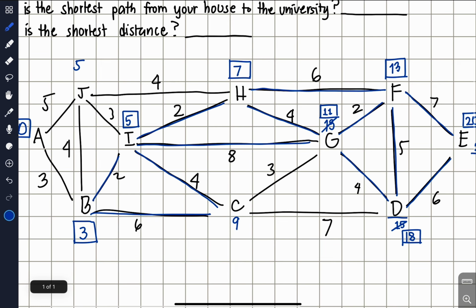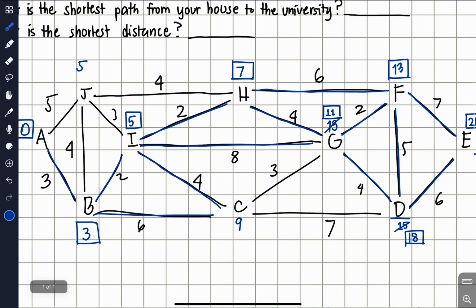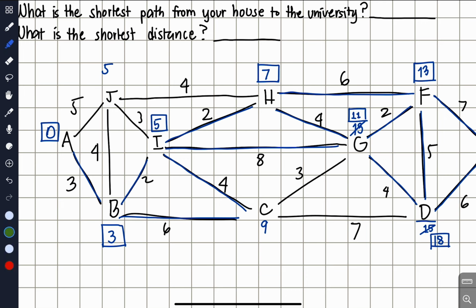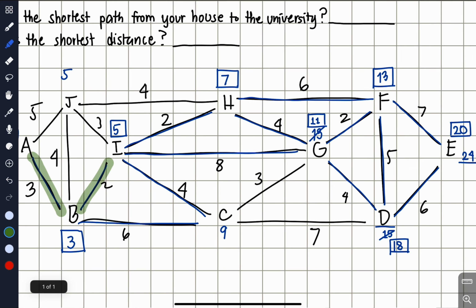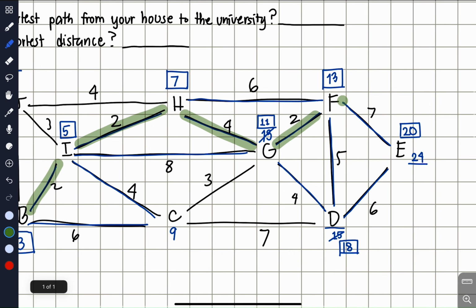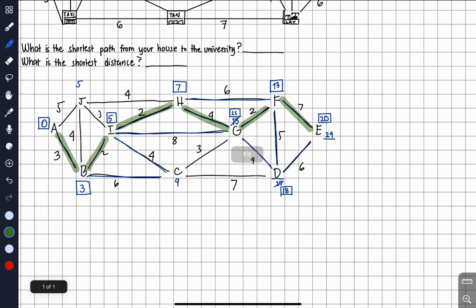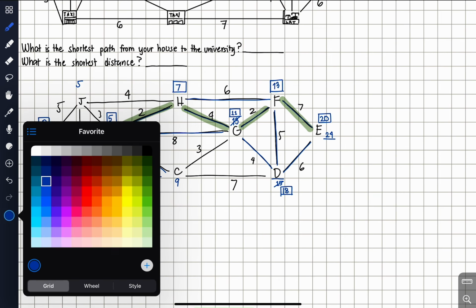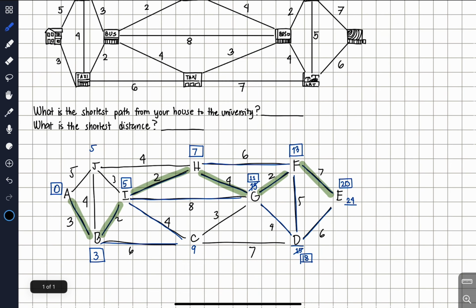So let's highlight this in order for us to get the shortest path. From point A to B, from B to I, to H, to G, G to F, and F to E. So we can now answer question number 1.